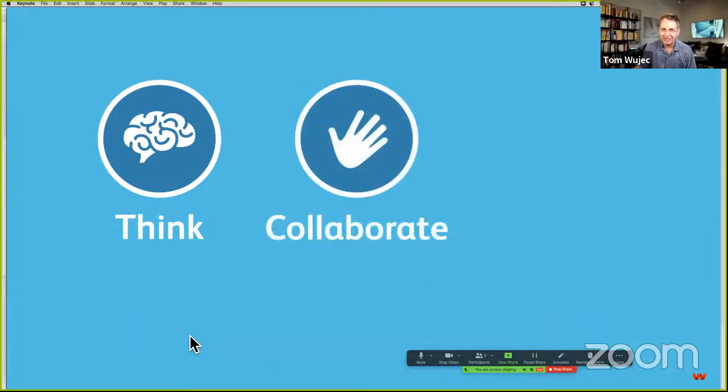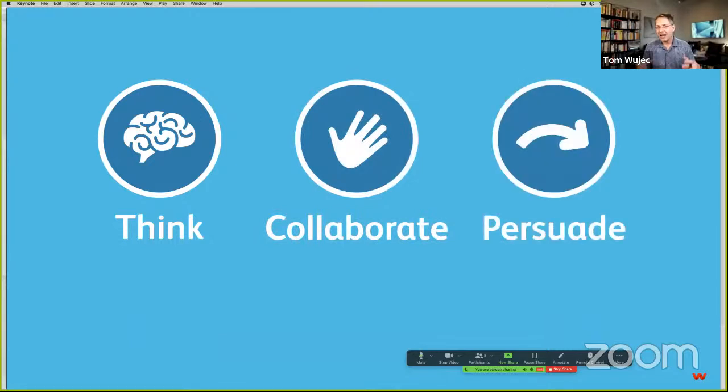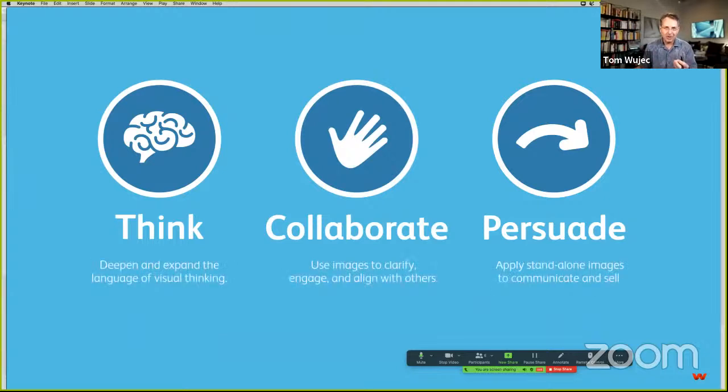Visual thinking is a fantastic but sadly underused tool to help us think, collaborate, and to persuade. It helps us deepen our understanding of ideas by simply making them visual, creating a visual form for concrete and abstract problems and processes.